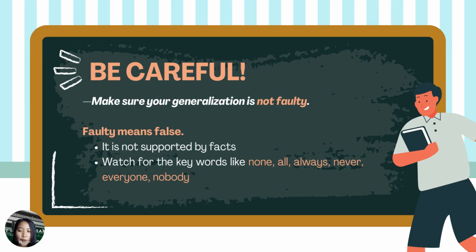Next, nobody wants to eat alone at lunch. Is there anything wrong with my generalization? Probably there is, because there are some people who prefer to eat alone. Therefore, my generalization is faulty. So again, please be careful or watch out for these words. Examine the context they are being applied in.